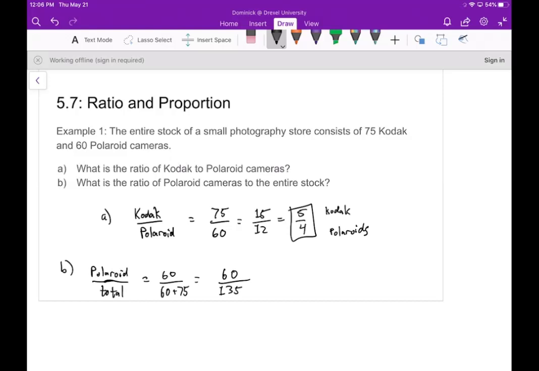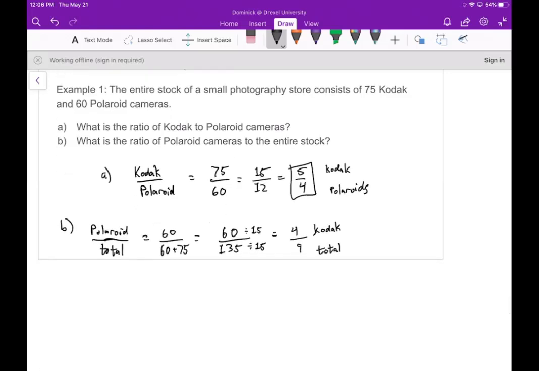We can simplify again by dividing by 15, which gives a 4 up top and a 9 on the bottom, since 9 times 15 is 135. So for every 9 cameras, on average, 4 of them will be Polaroid.